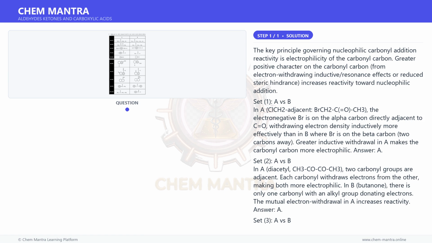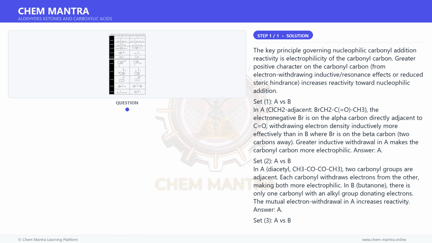Acetophenone has less steric crowding, and the methyl group donates less electron density by resonance than a second aryl group. Therefore, acetophenone is more reactive. Answer A. Set 10, A versus B.